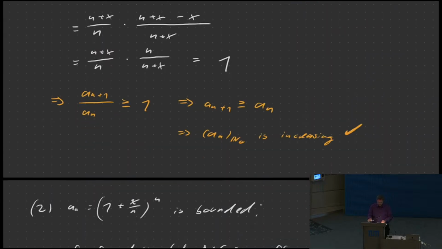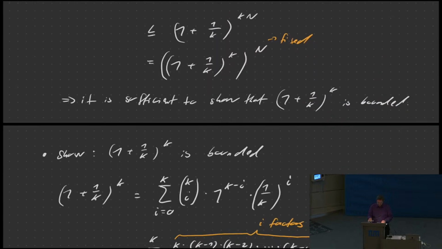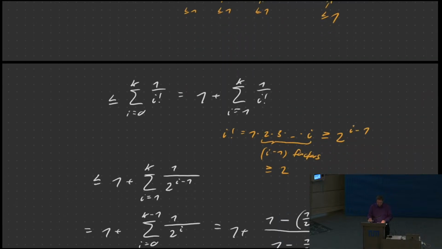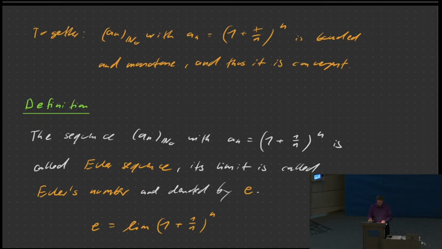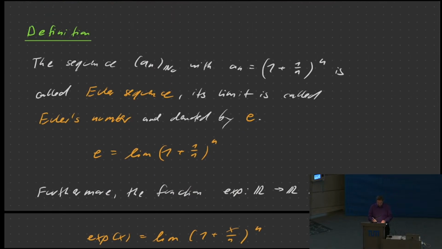And let's scroll right to the end here. So the limit of this sequence, that is what we know as Euler's number, and we abbreviate that by a small e. So the number that is the limit of this sequence is called Euler's number.